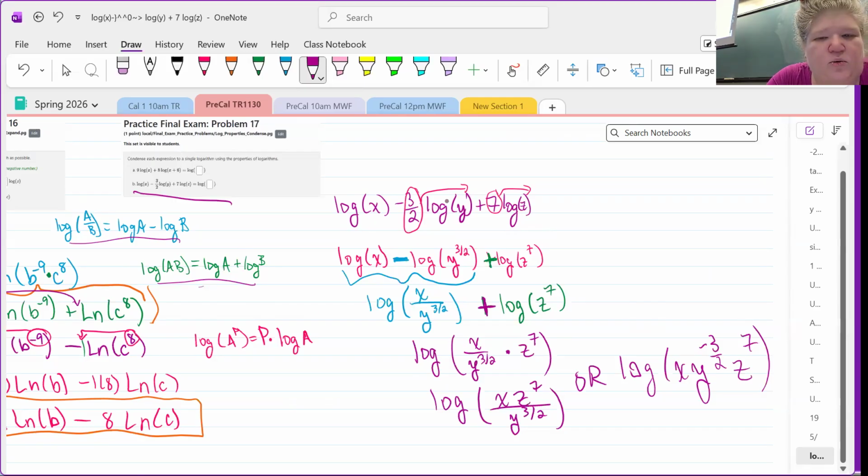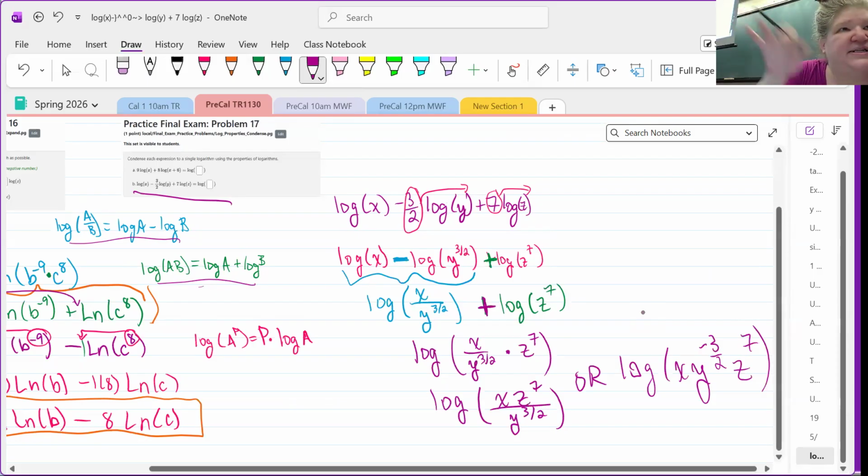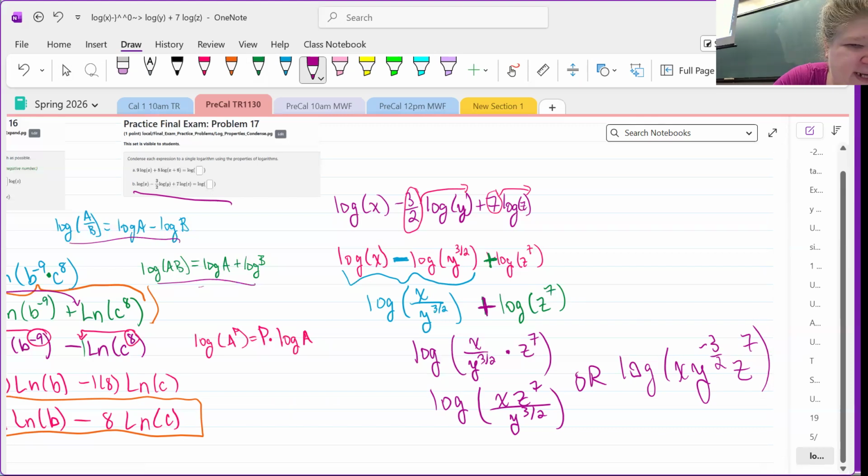So I use the power rule first, but then you can use the sum and the difference one in whichever order you want, just as long as anything that has a minus sign ends up on the bottom or ends up with a negative power. So that's the nice thing about the log properties. As long as you get the coefficients put up first, the rest of it is very interchangeable.